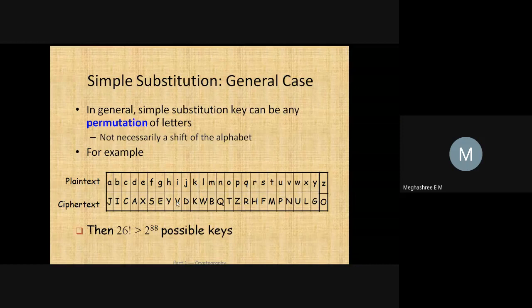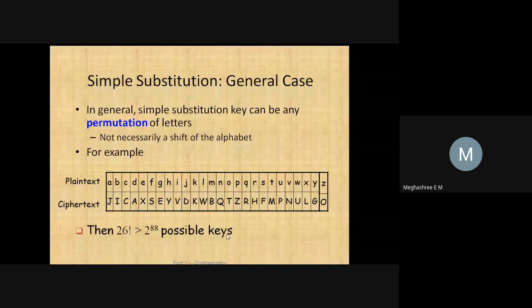In this case, it is not possible to try out all 26 values of n, right? So what happens in such a case follows 26 factorial ways, which is about 2 to the power of 88 possible keys.